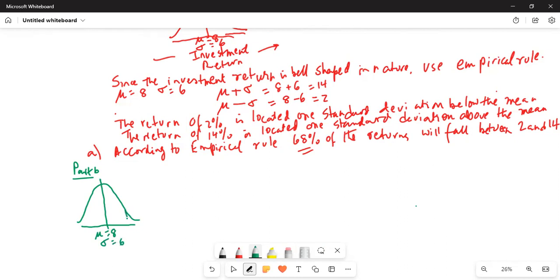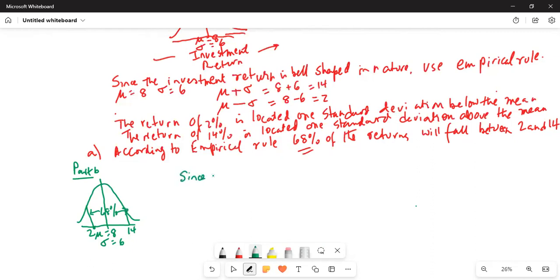So 8 plus 6 is 14 over here, and 8 minus 6 is 2 over here. And we already know 68% will fall between 2 and 14.